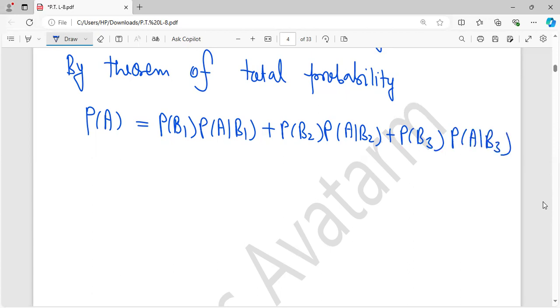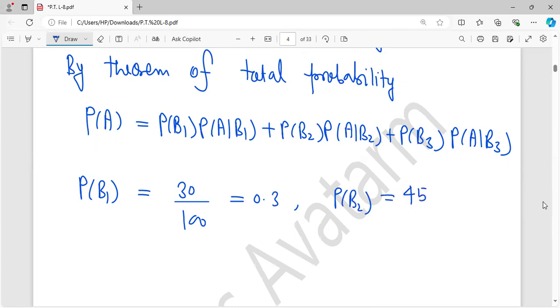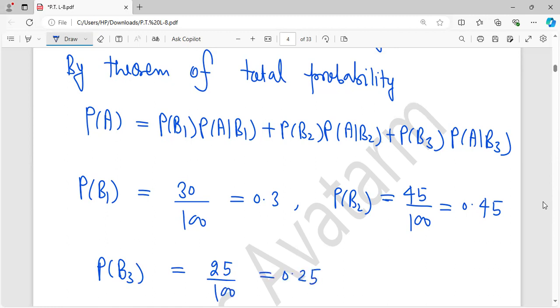Now, what is P B1? It is 30 upon 100, so it is 0.3. P B2 is 45 upon 100, that is 0.45. And P B3 is 25 upon 100, that is 0.25.